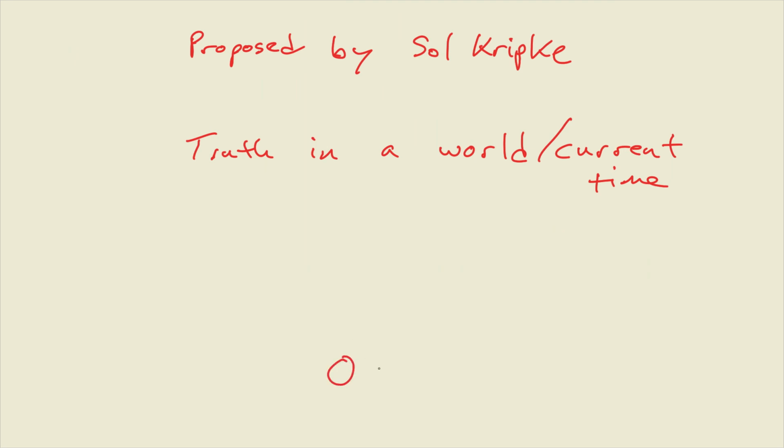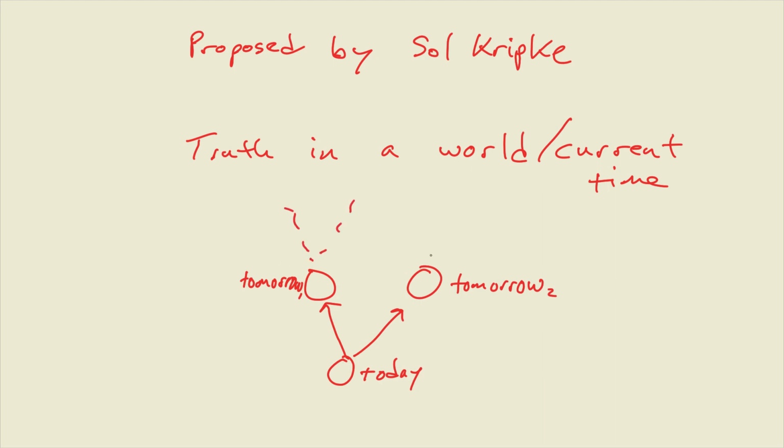So if you draw a world here, let's say this is today down here, and up here is sort of tomorrow. But let's say these represent some alternative possibilities, because these are graphs that can branch. So tomorrow number 1 and tomorrow number 2, different future alternatives that could take place. And so we get this branching graph.